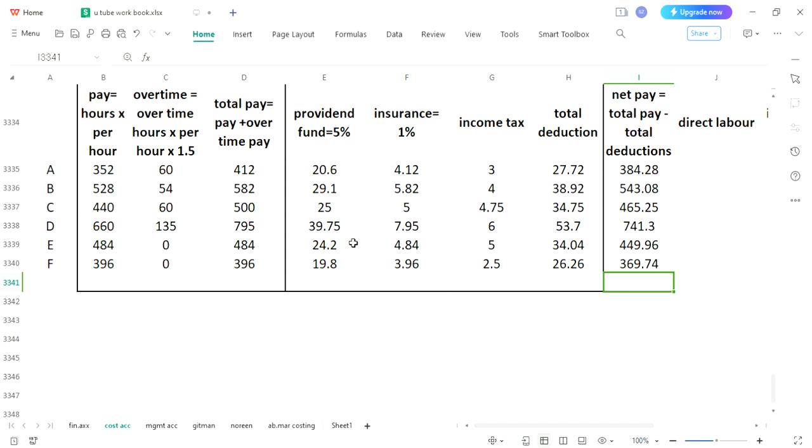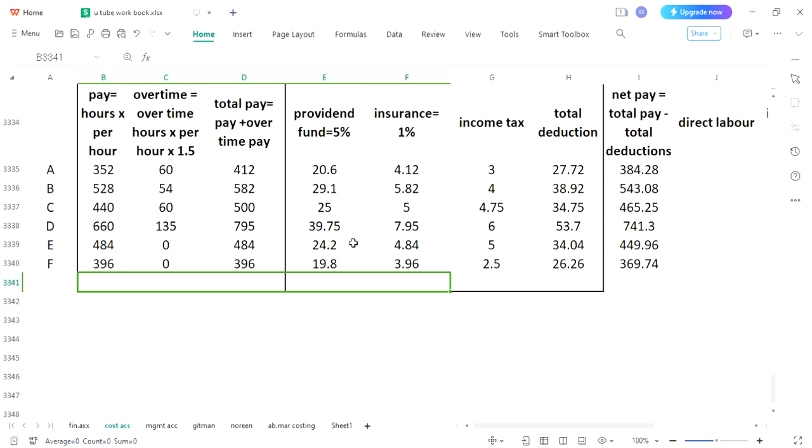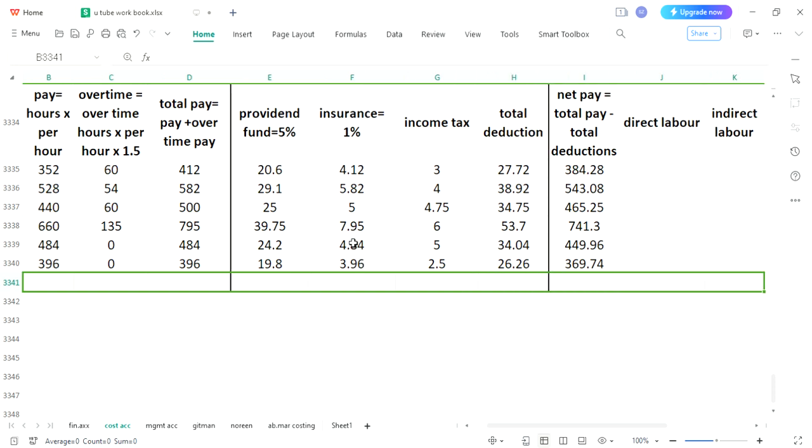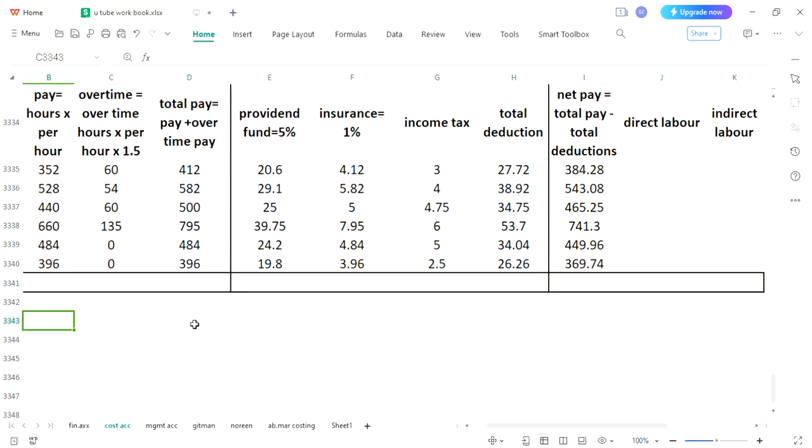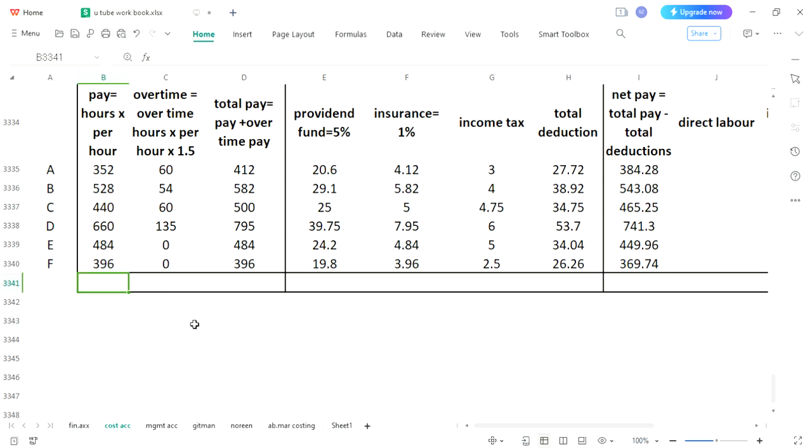Okay, so the next step is to see the total of everything. Here this row would be used to calculate your totals so that we can have our final answers. First we will calculate normal payment. I am taking help from Excel, but you will have to add all amounts present over here.